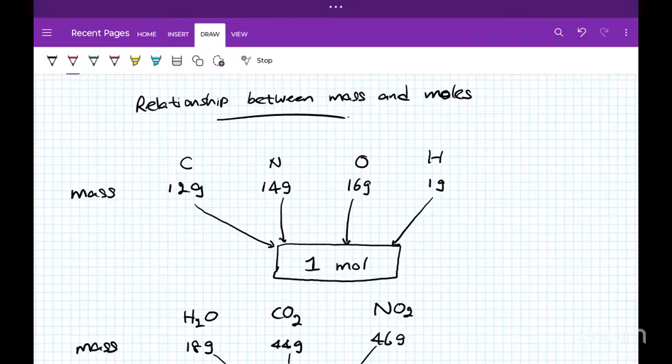Mass divided by molecular mass is equal to the moles. The relative molecular mass or relative atomic mass is measured in grams per mole. Because of this relationship, we can calculate the unit as well, right? This is a very powerful, very beautiful concept. Put a bullet point and write down.